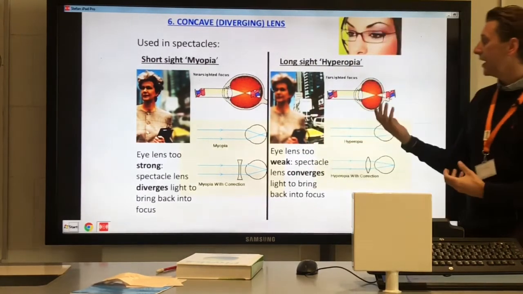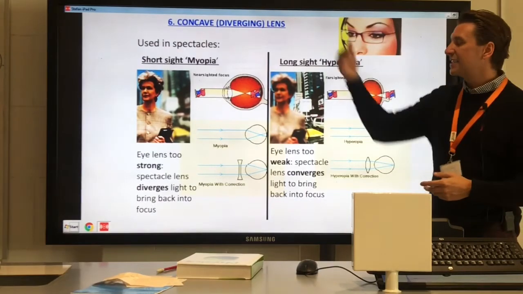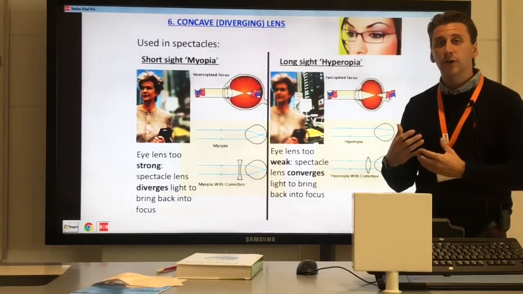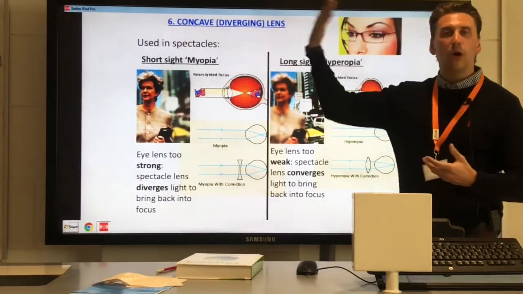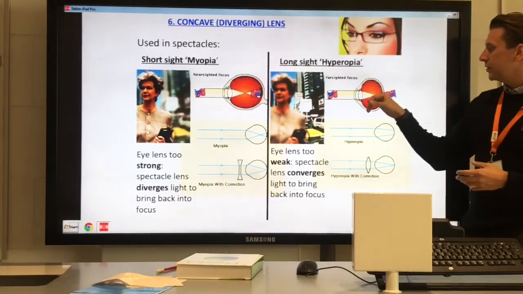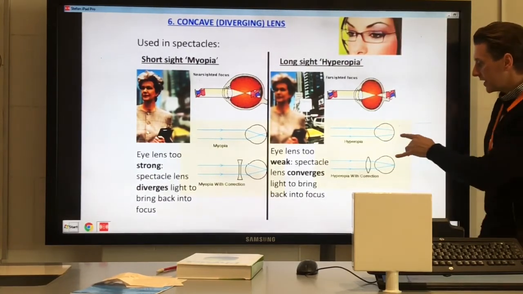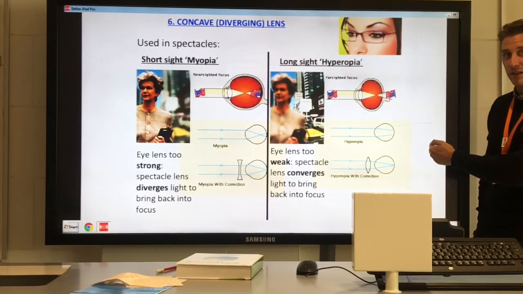Now the opposite of that is hyperopia, okay? Someone who suffers from long sight sees far distances quite clearly, but the objects that are close are quite blurred. The reason for that is their lens, and this happens again as you get older, so older people tend to suffer from hyperopia, because their lens is not strong enough, the refraction takes place, but it doesn't cross at the retina, it will cross behind the retina, okay?